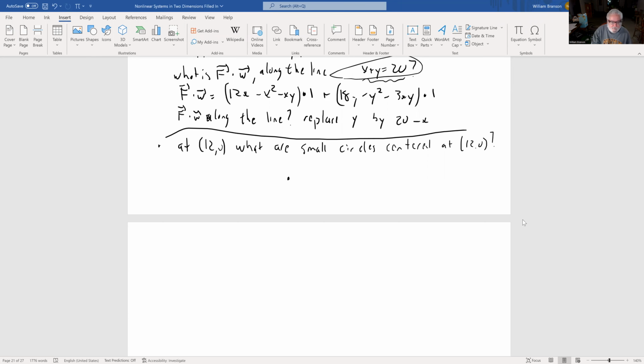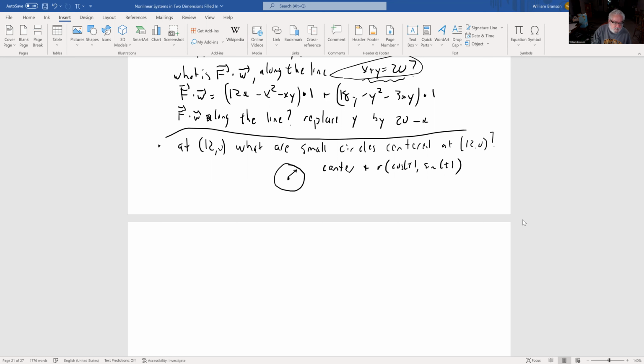So a circle can be represented as a center plus r times cosine t, sine t. That's the parameterization.